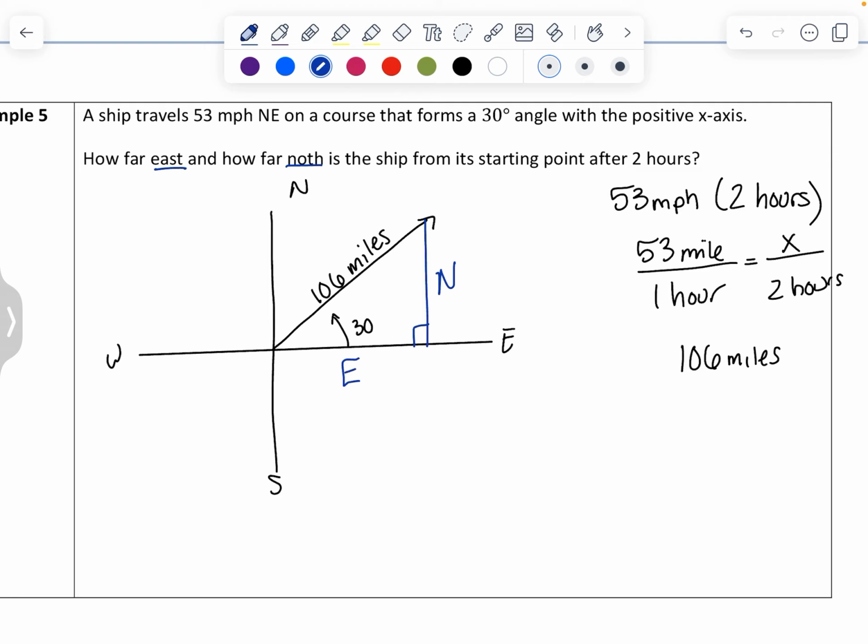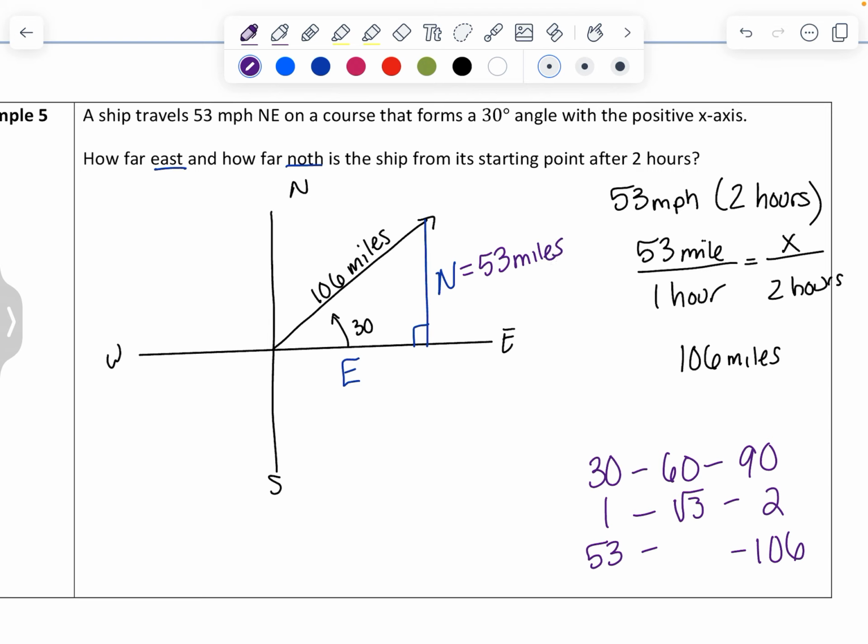And it's a 30, 60, 90 triangle, and we're given the hypotenuse. So we can solve this using our ratios. We have a ratio of 30, 60, 90 is 1, square root of 3, 2. Our 90-degree side is 106, which means that half of that would be 53, and that would be our north distance, because that is across from our 30-degree angle.